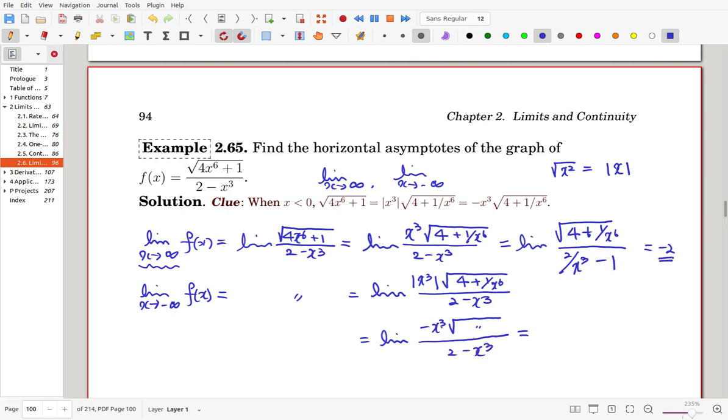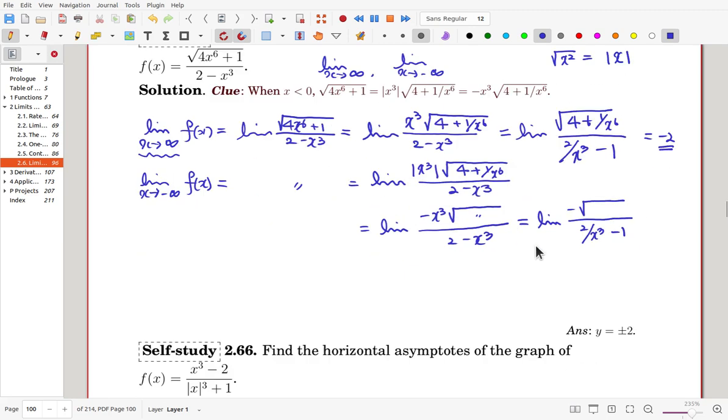Now we can divide by x cubed, then we can reach here the limit and minus the square root of the same thing inside, and this is 2 over x cubed minus 1.